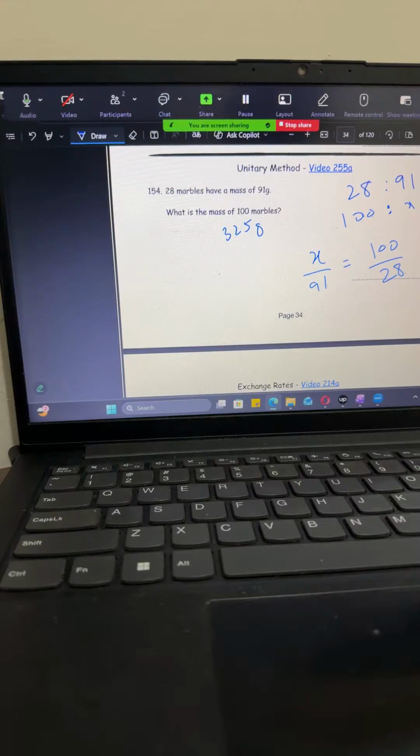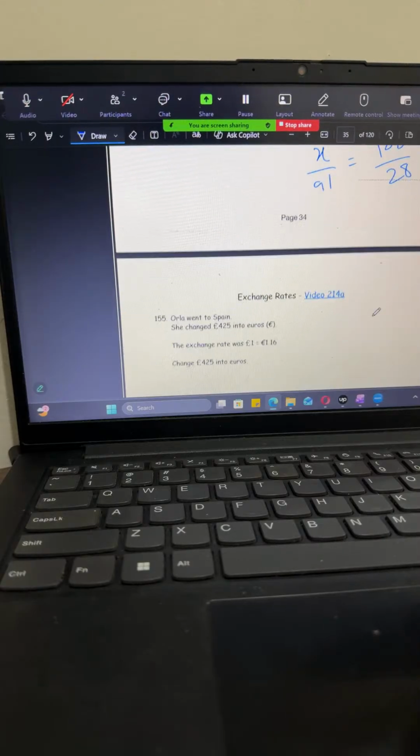So to find x, you can say x over 91 is equal to 100 over 28, right? Yeah. These are marbles, and this is the mass in grams. Is that clear? Yes, clear. And now you just solve this equation for x, and that gives you 325 grams. So let's move ahead.